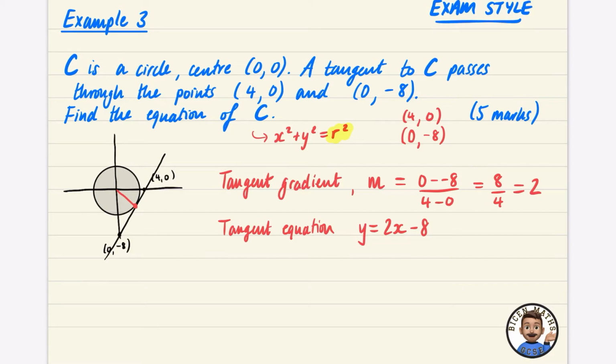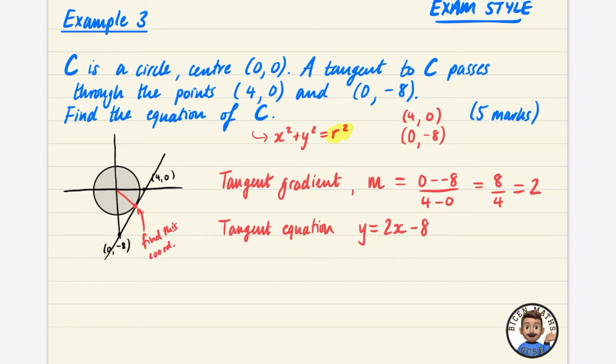Now we also know something about this line, because if I can find out this point here, I should be able to find out the length of this line, because I can sub it in and find out what r squared is. So what I want to try and do is find this coordinate. Now this is where we're going to find the solution to some simultaneous equations.